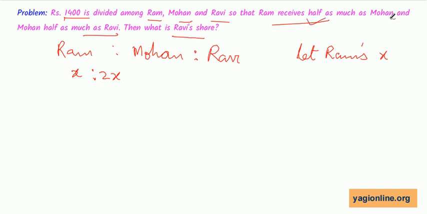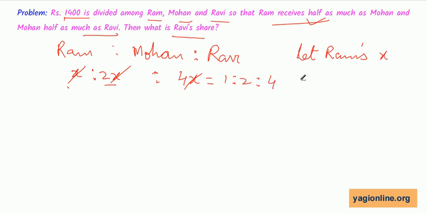And Mohan gets half as much as Ravi, so say Ravi's share is 4x. If you take half of 4x, you will get 2x. So x is to 2x is to 4x is the ratio in which the money is divided. So it becomes 1 is to 2 is to 4.